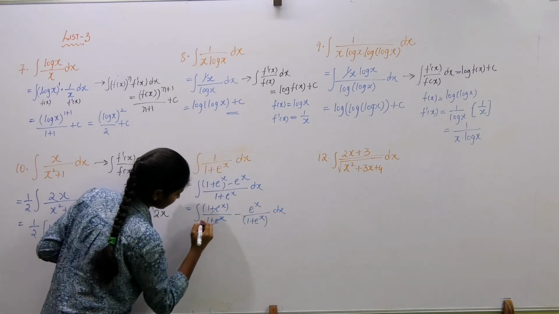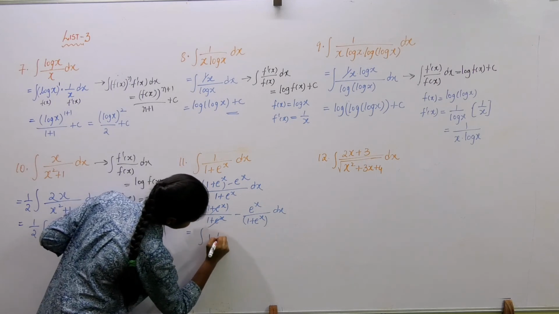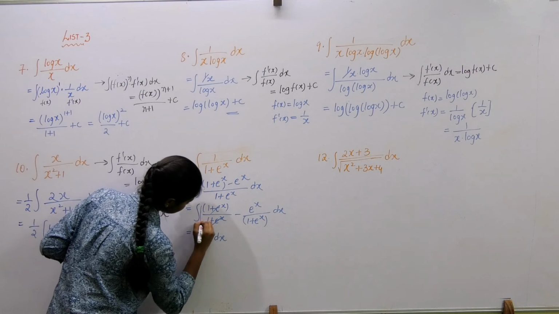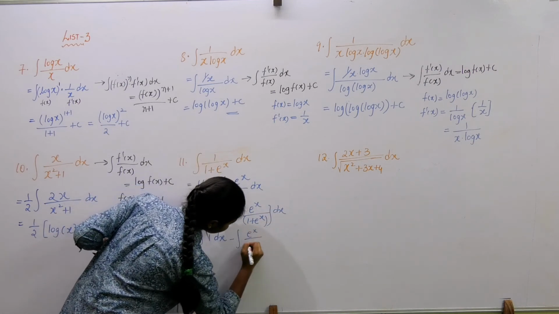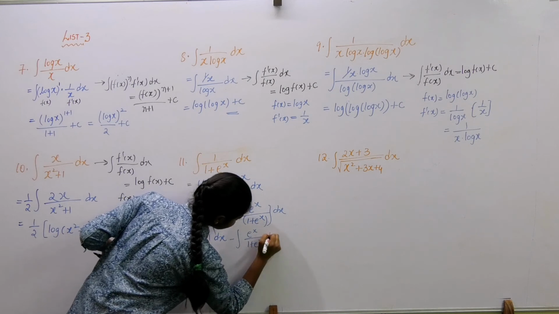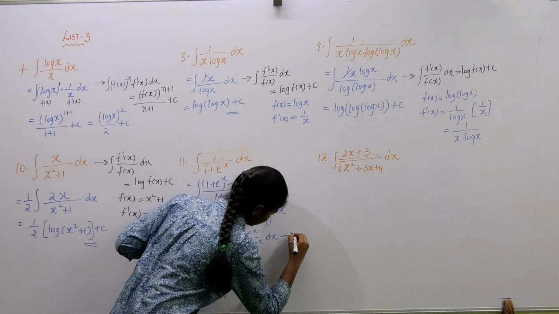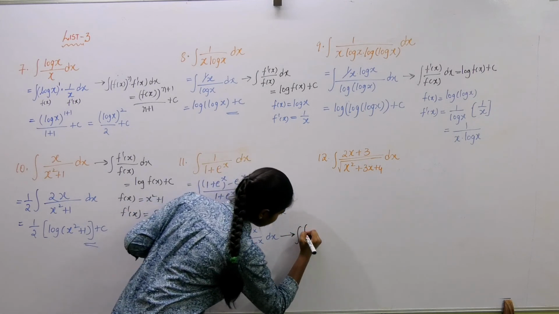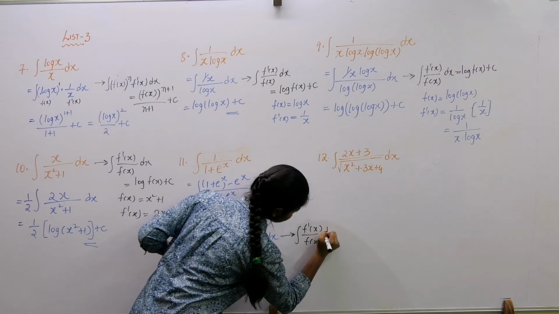Now these two terms get cancelled. Separating integration for each term, integral 1 dx minus integral e power x by 1 plus e power x dx. Now this is in the form of integral f dash of x by f of x dx.